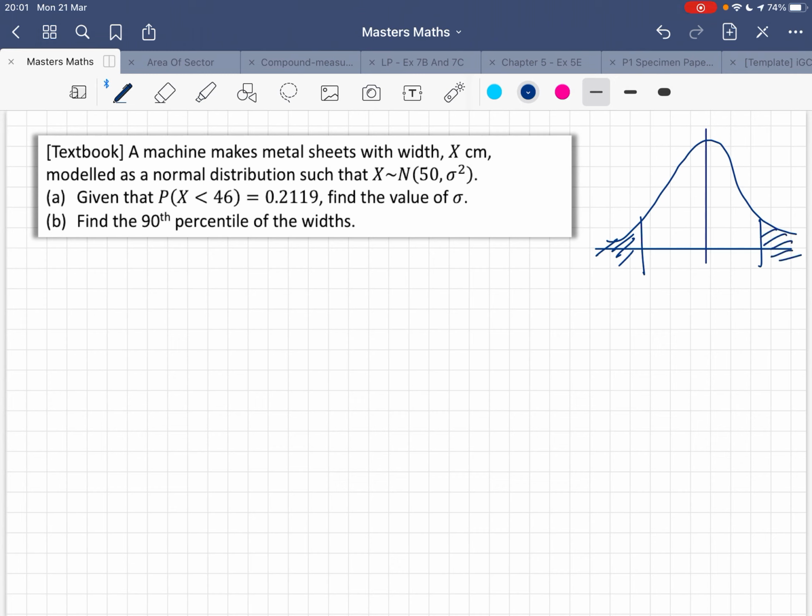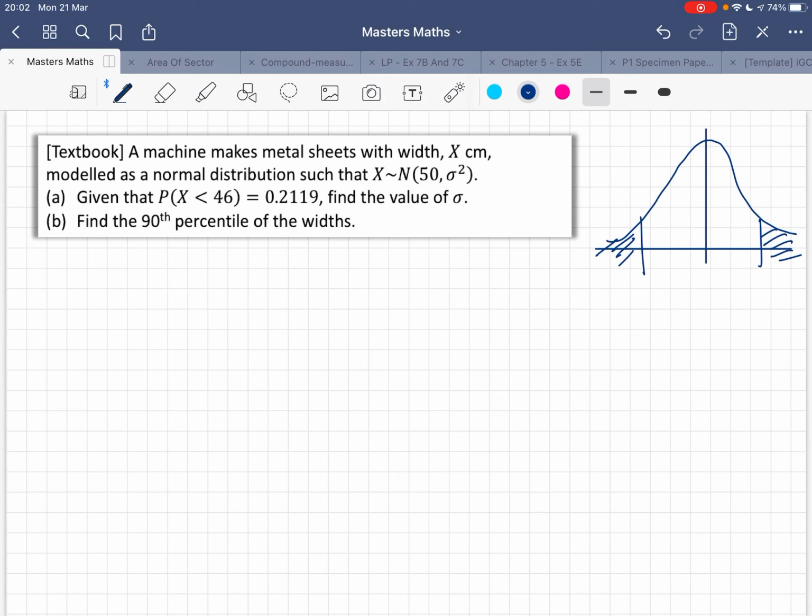This would give me the same probability with a positive value of little z. However, this is not in the percentage point tables, and the big table, the normal distribution table, is all less than.